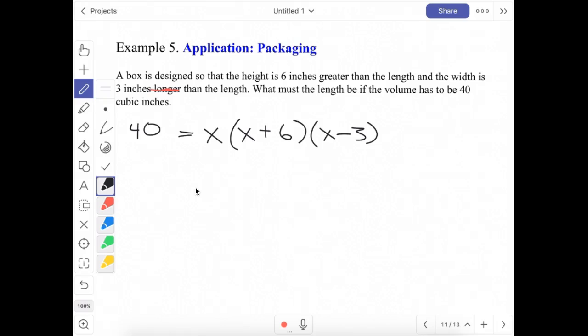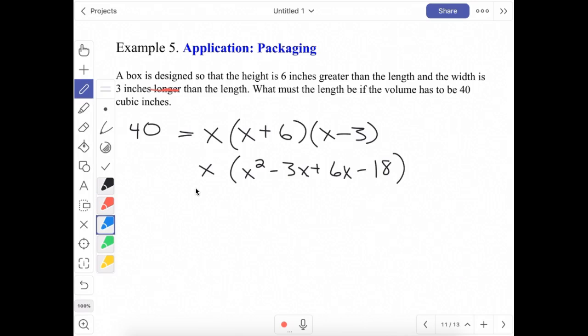We want to FOIL this out, so we would have x squared minus 3x plus 6x minus 18. Combine like terms, and then we'll throw that x into each of them, so that'd be x cubed plus 3x squared minus 18x, and then we would have minus 40 is equal to 0.